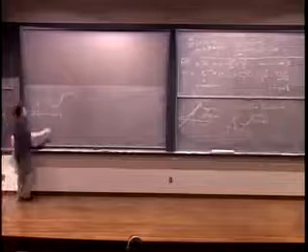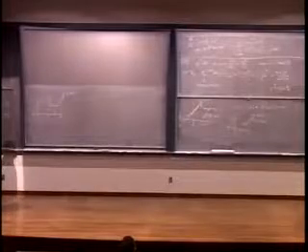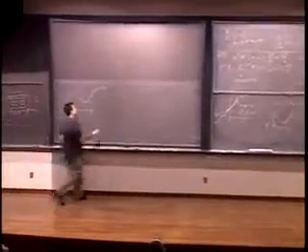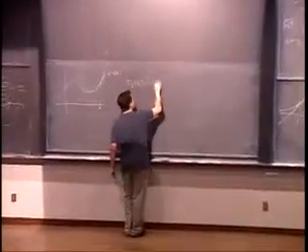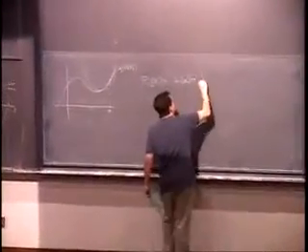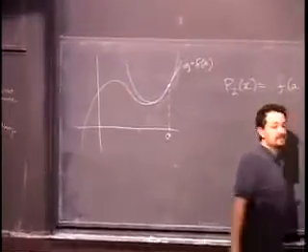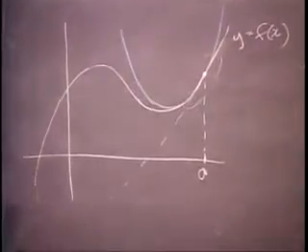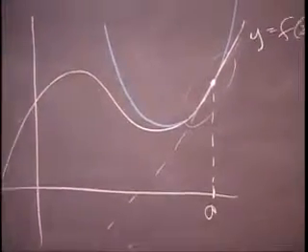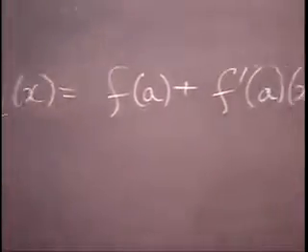But you see, it will be a closer hugging fit, hopefully, to the curve. So it turns out that the best quadratic is given by this formula. f of a plus f prime of a times x minus a. Wait, that's just the linearization. There's another term, one half the second derivative, times x minus a squared.